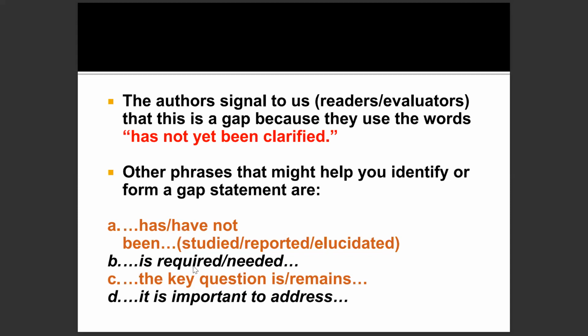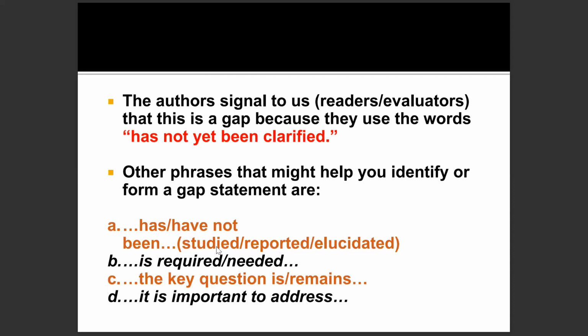Other phrases that might help you identify or form a gap statement are the following: has or have not been studied, reported, or elucidated; is required or needed; the key question is or remains; and it is important to address.